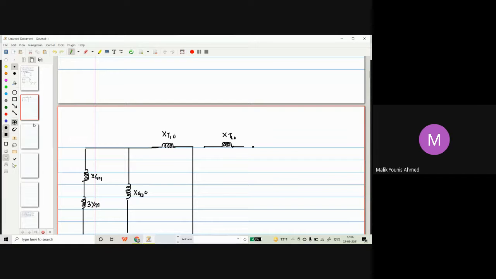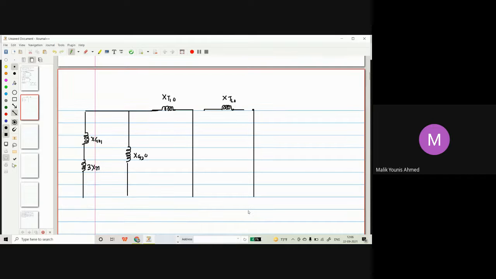Fine. So the series switch will be open now. Now I'm going to close the shunt switch. Then we have the zero sequence winding of the transformer, so we will include that winding.